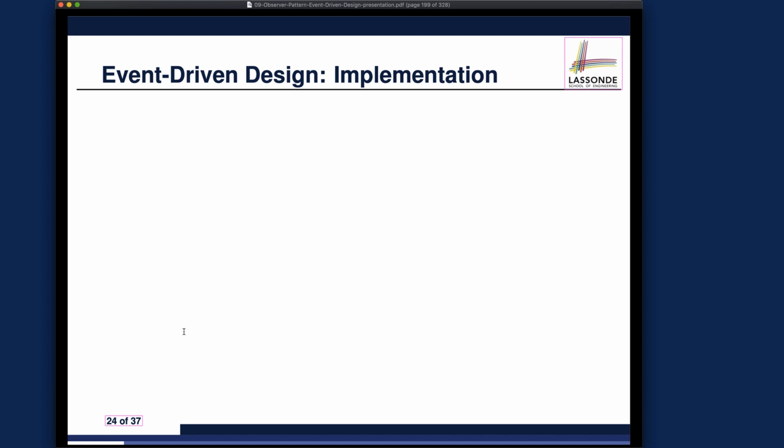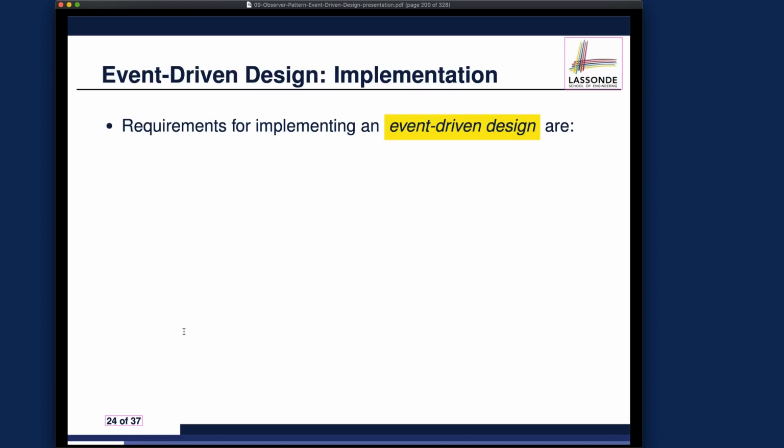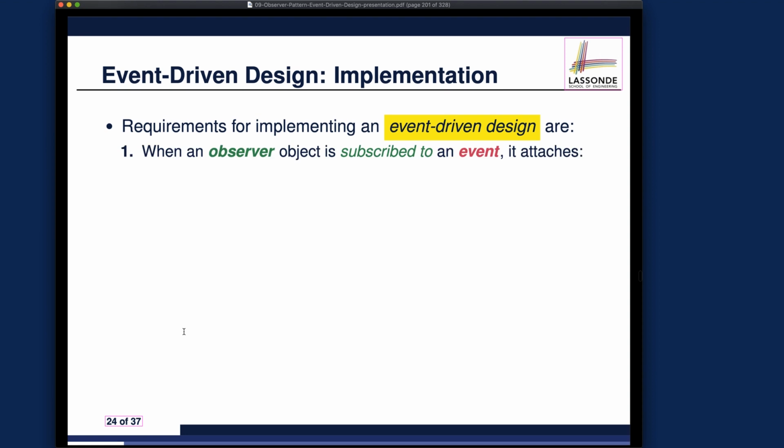Okay, so how do we implement the event-driven design? These are the requirements. When an observer object is subscribed to an event, it attaches. Now it does not attach itself to the events, like how we did it in the observer pattern. What it will do is attach a reference pointer to an update operation.